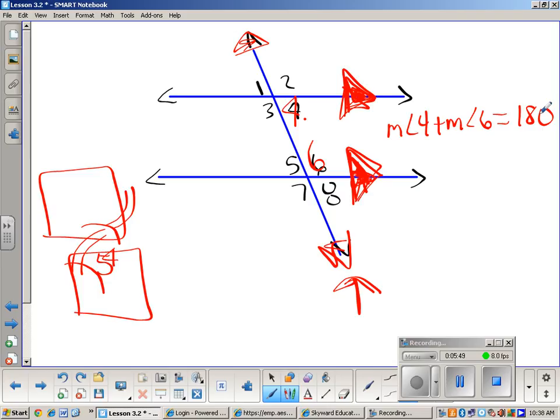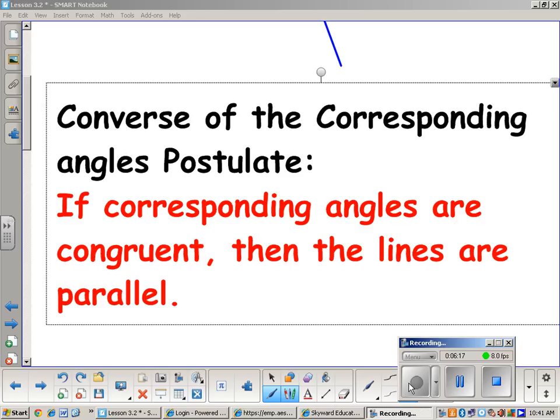With that in mind, what we're going to do today is go backwards. We started with parallel lines here. Today we're going to start with two lines that are not parallel, and prove that they're parallel by using corresponding, alternate interior, and same-side interior angles. Everything we look at today is the converse, which means looking backwards at something.